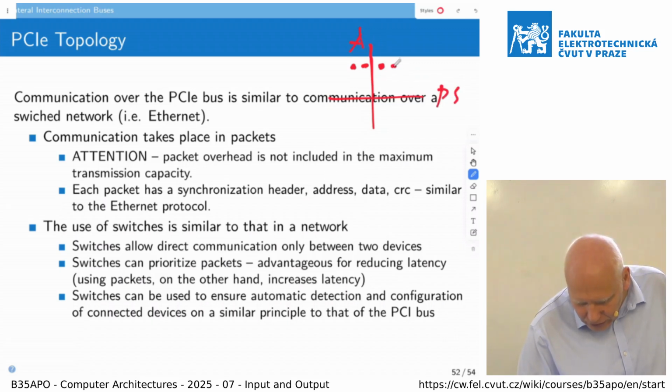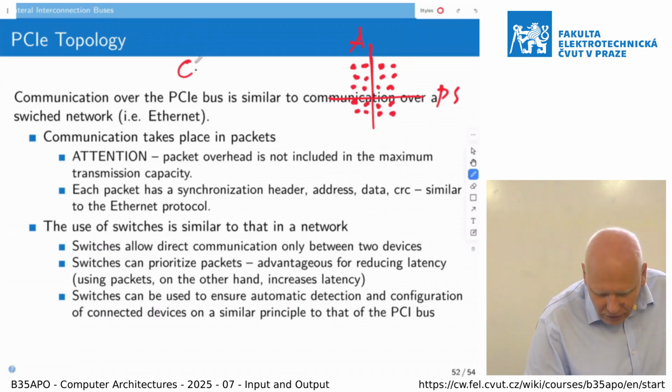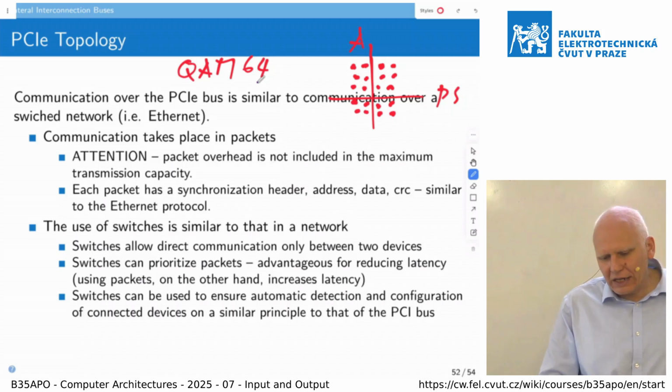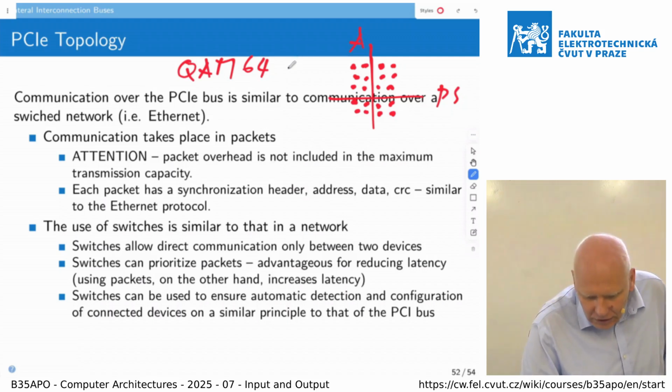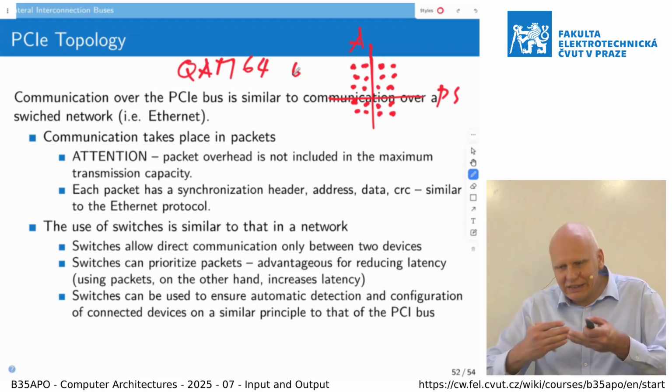And usually the QAM allows a certain number of combinations. So basically in QAM 64 you are able to encode 6 bits into a single symbol, at a single instant of time.